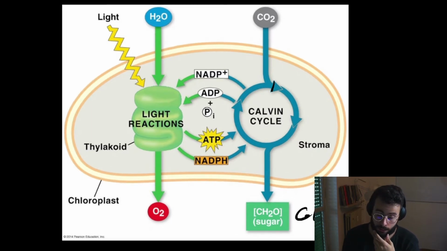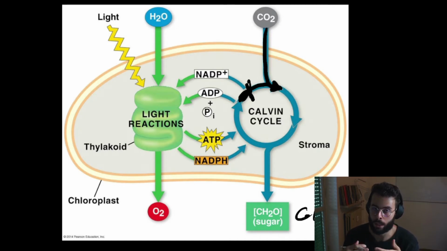And in order to create glucose molecules, we need a process called carbon fixation. Carbon fixation is where we take carbon dioxide from the surroundings, from the air, in the form of gas, and we are going to fix it in a solid structure. In our case, it's going to be the last product of the Kelvin cycle, which each time is going to be recycled and fixated to carbon dioxide.